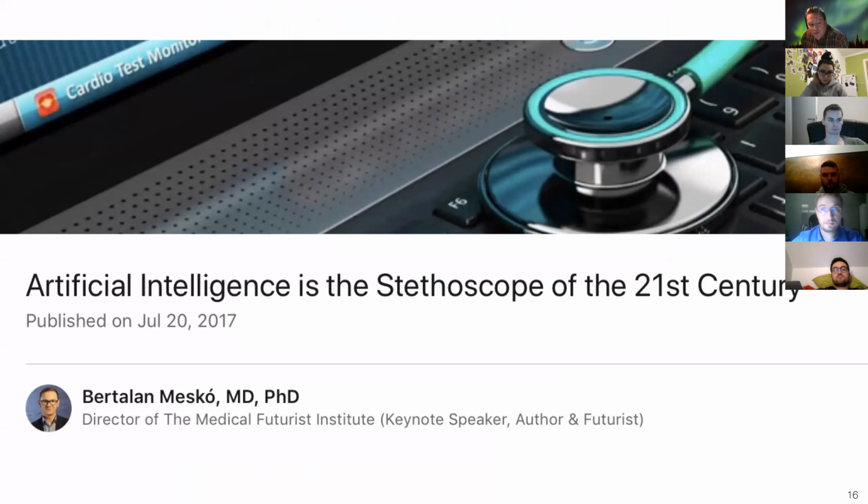And he said that artificial intelligence is the stethoscope of the 21st century. The stethoscope, at the end of the 19th century, beginning of the 20th century, was the first tool that allowed you to actually listen into the body and make a non-invasive diagnostic from the outside. It really was a game changer at the time.